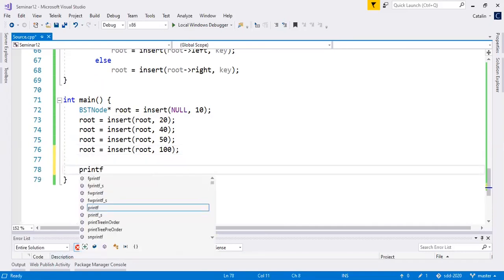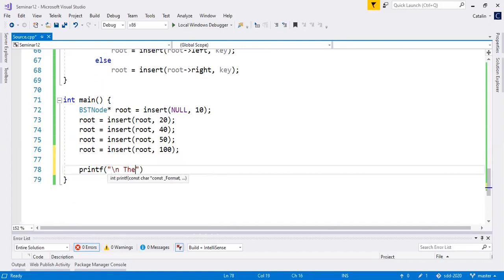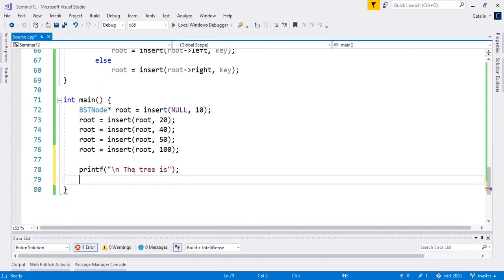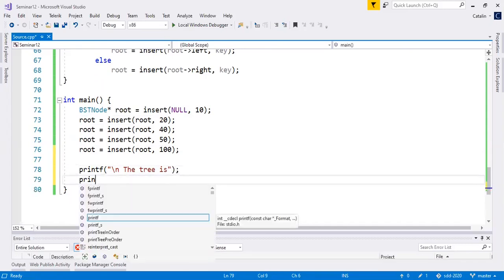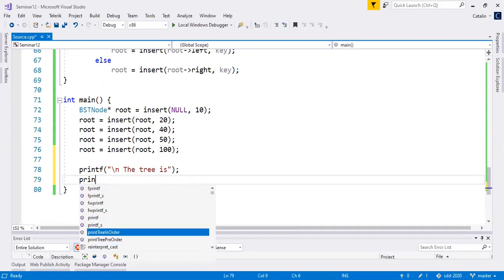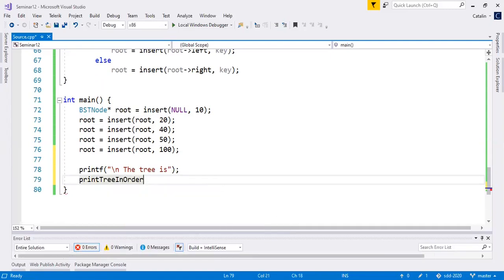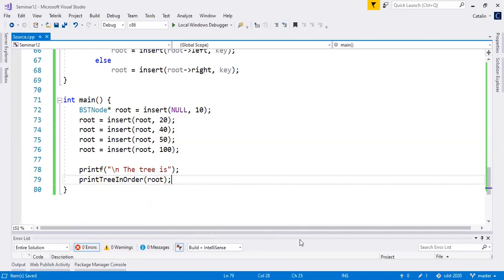Okay, so printf \n the tree is. Now I will print it in print tree in order. Okay, because in in-order you will get the values sorted. So maybe in tree in order we see the relation. So root. Okay, so now we have a tree, and let's print the height. That will be interesting.